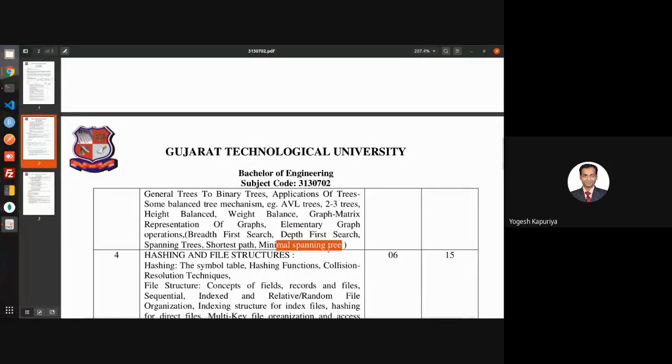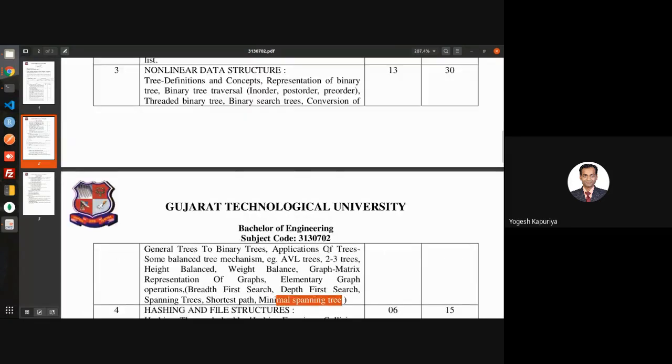These are very interesting and very important topics as far as the non-linear data structure is concerned, because most of the time now you will find various applications of that. One of the very important applications is in social networks. You might be thinking about what database management system should be used for social networks.